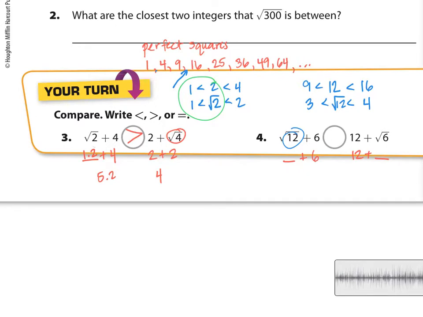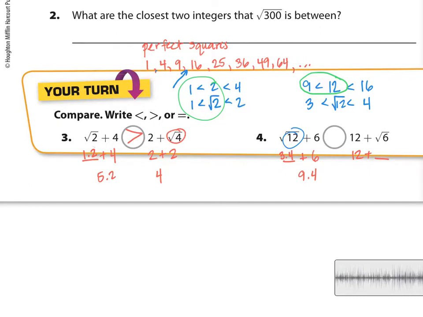Which one is it closer to? It's a little closer to the left side. Not that much closer, so it's kind of close. So I'm going to say it's something like 3.4, something like that. Okay, so I'm working on number 4 at the bottom here. So 3.4 plus 6 is about 9.4.